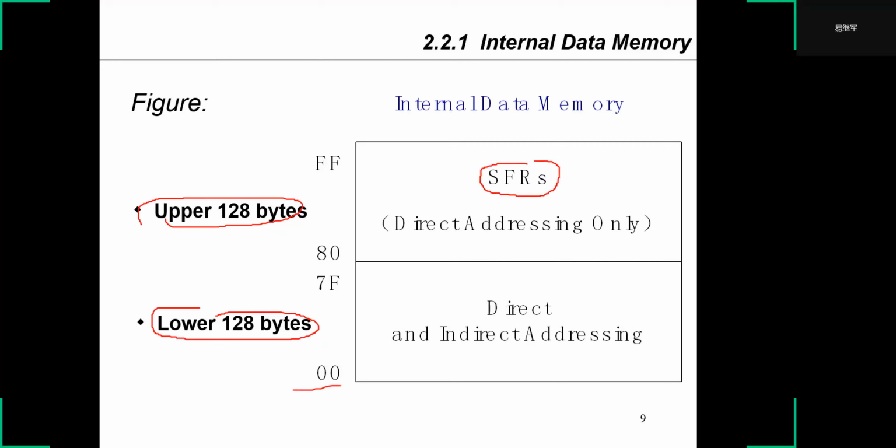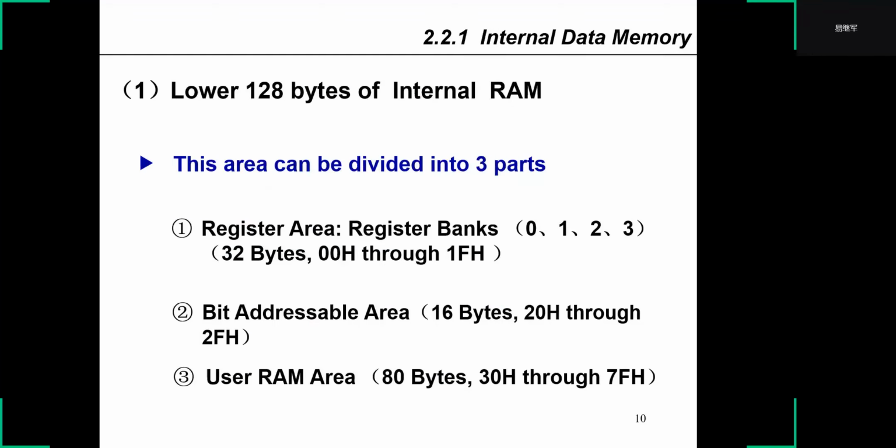The address goes from 0 to 7F, and 7F is used by users. The 128 bytes of internal RAM.